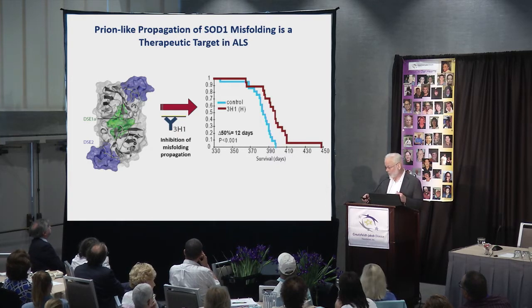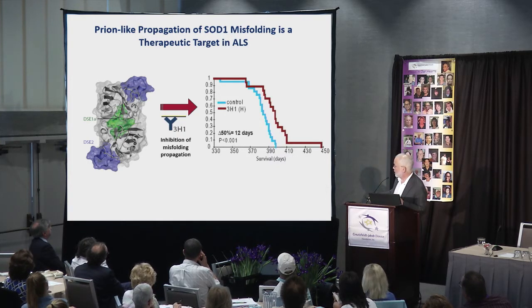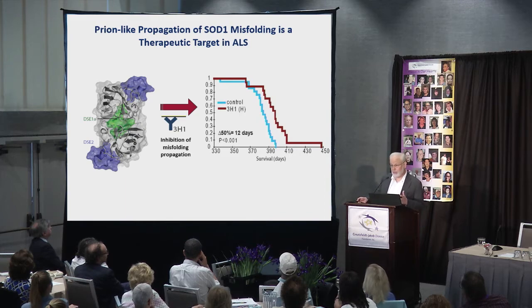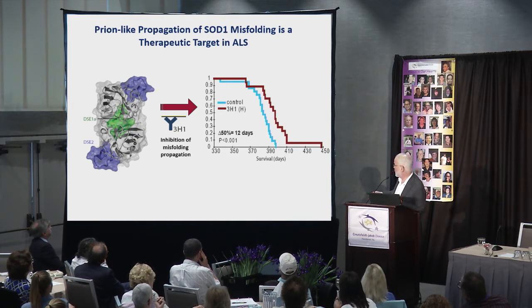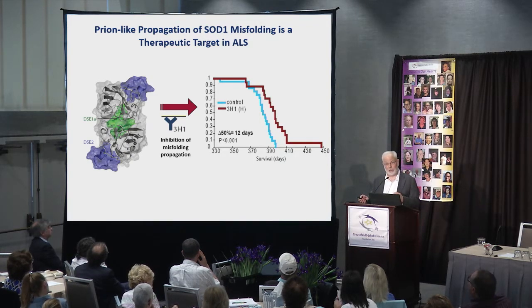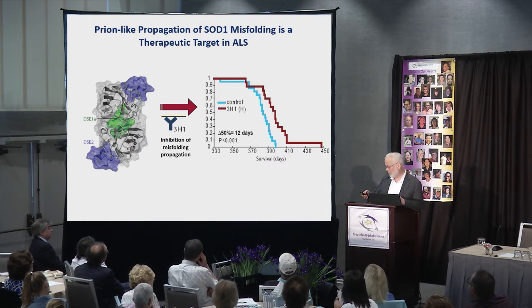So in our own lab, we find that giving mice one of these misfolding-specific antibodies prolongs their survival. It doesn't arrest the disease, but it significantly prolongs survival by about 25%.